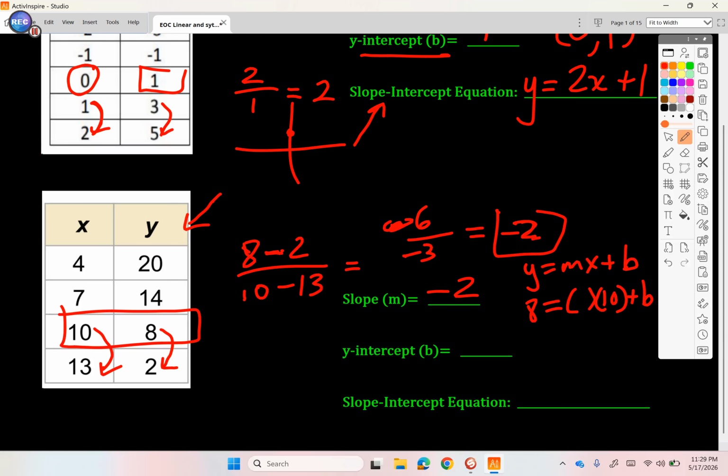We plug in the 8 where the y goes and the 10 where the x is. Your slope we got right now, which is negative 2. And now we solve this.